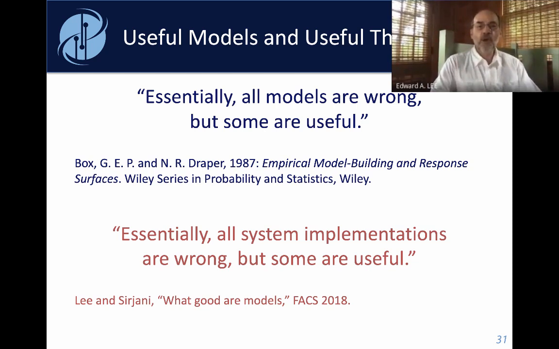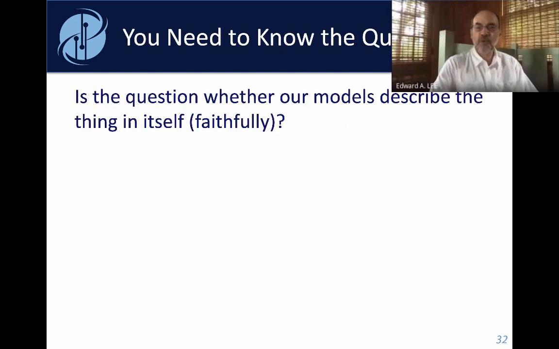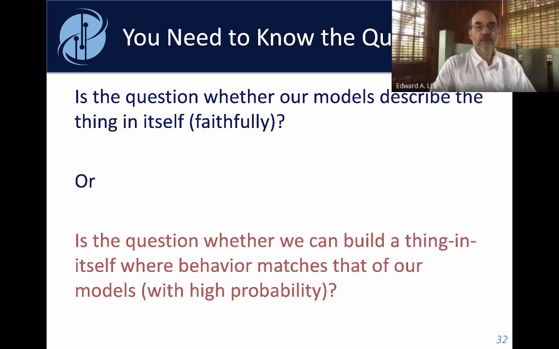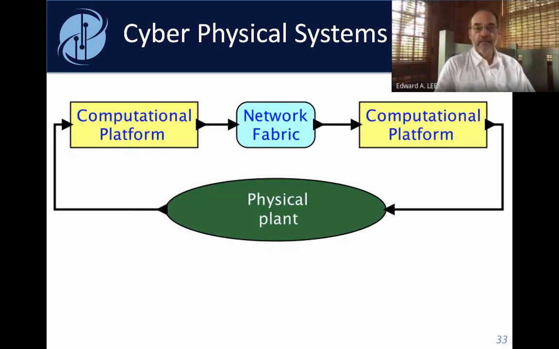So when you choose the modeling strategy, you need to know what question you're asking. So is the question whether your models describe a thing in itself faithfully, or is the question whether you can build a thing in itself where the behavior will match that of your models with high probability. So in the context of cyberphysical systems, I think our emphasis has been on the second of those two questions.